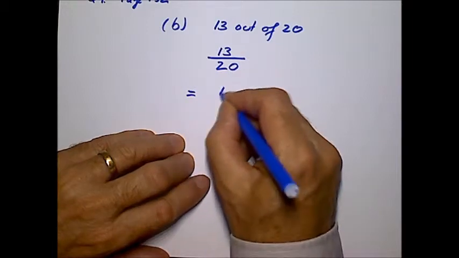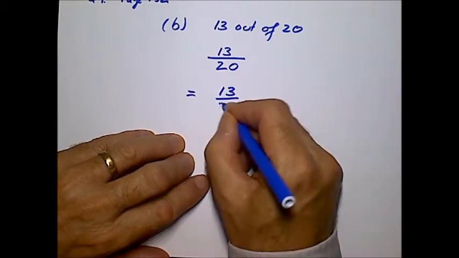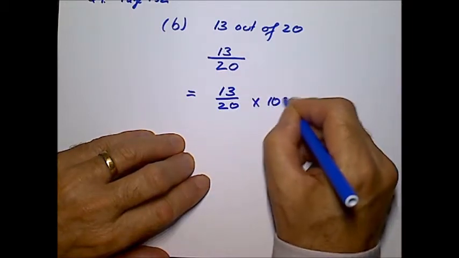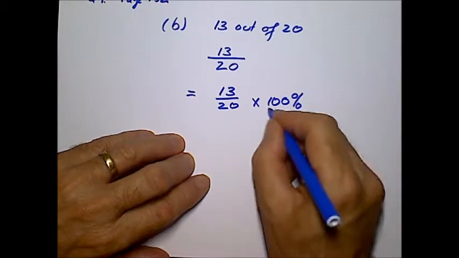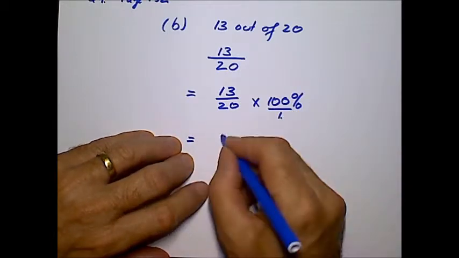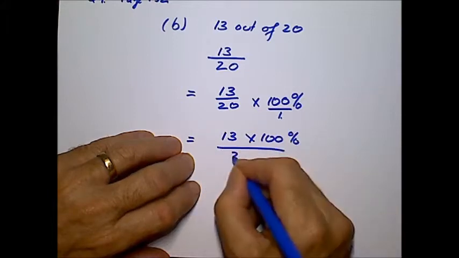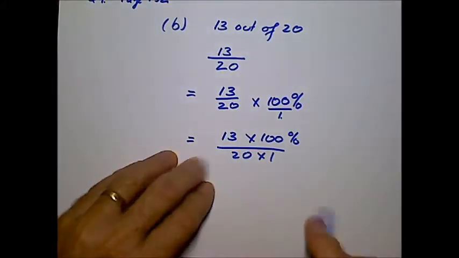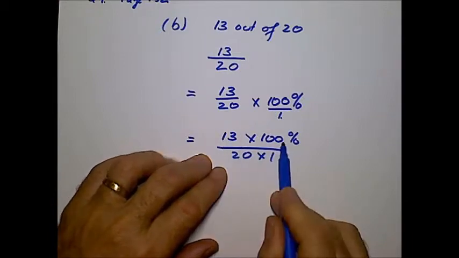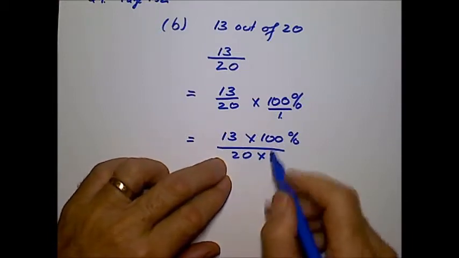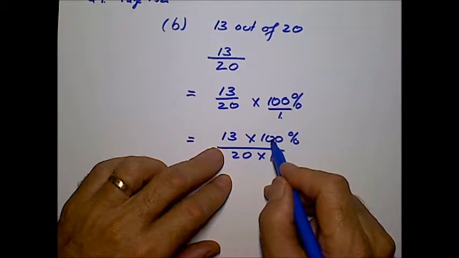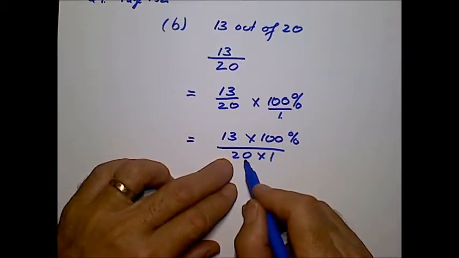Now we're going to convert that to a percentage by simply multiplying by 100% over 1. So we have 13 times 100% over 20 times 1. Now, we don't multiply the numerator out first because in the numerator there is a factor of 10 which also appears in the denominator.